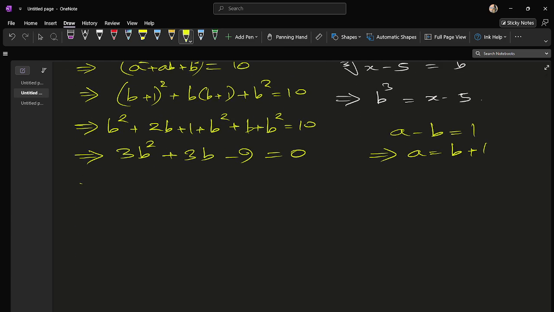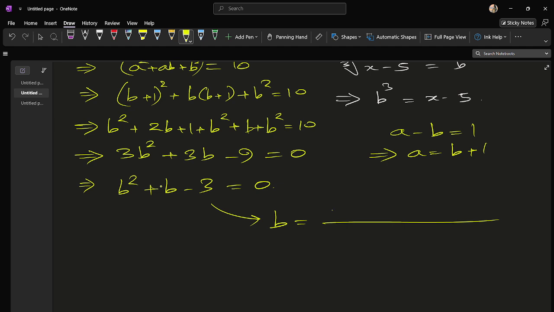So we can write, after taking 3 out, and 0 by 3 is equal to 0, we will get b square plus b minus 3 is equal to 0. So our b will be what? We are now applying the Sridharacharya formula, which is known to us from very childhood. So b is equal to minus b plus minus root over of b square minus 4ac by 2a.